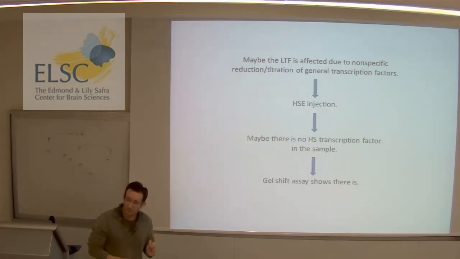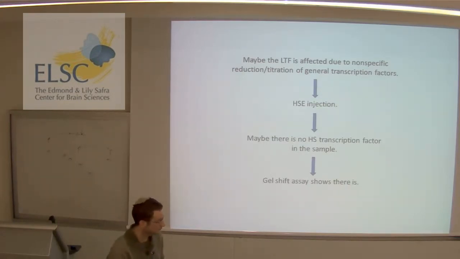Any questions, comments about this paper? Didn't they just show that all the processes don't go through the heat shock element? It doesn't go to the heat shock. Well, I'm not sure that's the right phrasing.